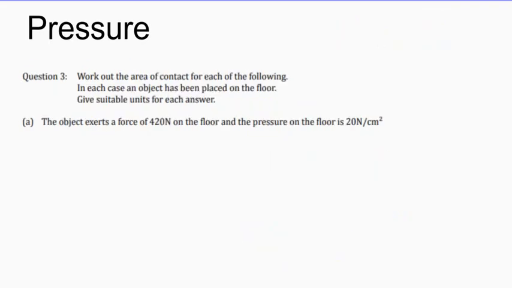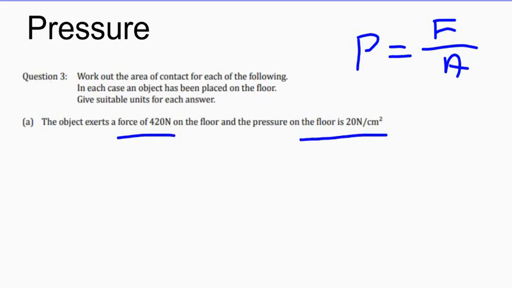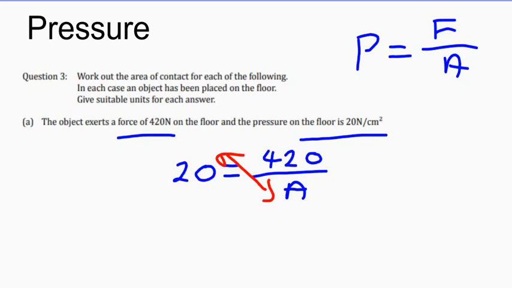So the third question on pressure. Remember, pressure equals force over area. What are we told? We're told the force and we're told the pressure. So let's put the information in: 20 equals 420 over the area. This time we need to find the area, so we effectively just swap these two bits around.